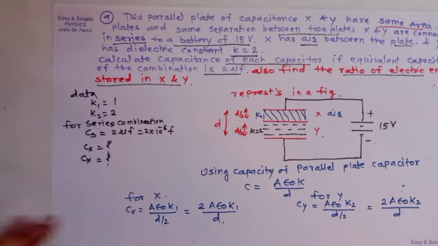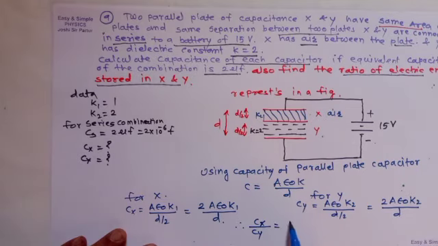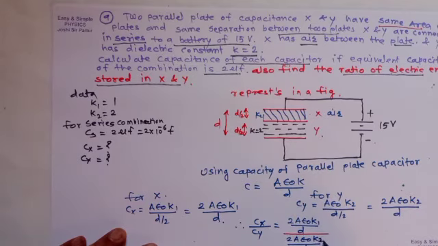If we divide, Cx upon Cy will be 2 A epsilon 0 K1 upon d divided by 2 A epsilon 0 K2 upon d.